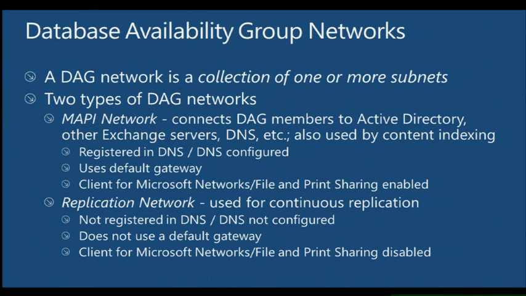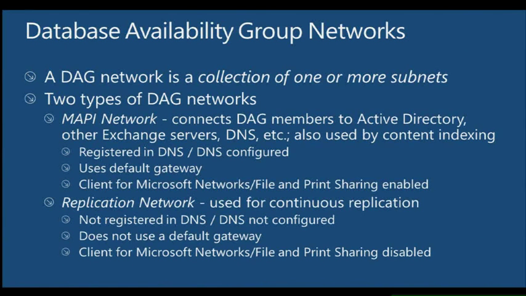By contrast, a replication network, as its name implies, is for continuous replication, the log shipping or the seeding. It is not registered in DNS. A replication network does not have a default gateway. A replication network does not use Client for Microsoft Networks, and it doesn't use File and Print Sharing either.